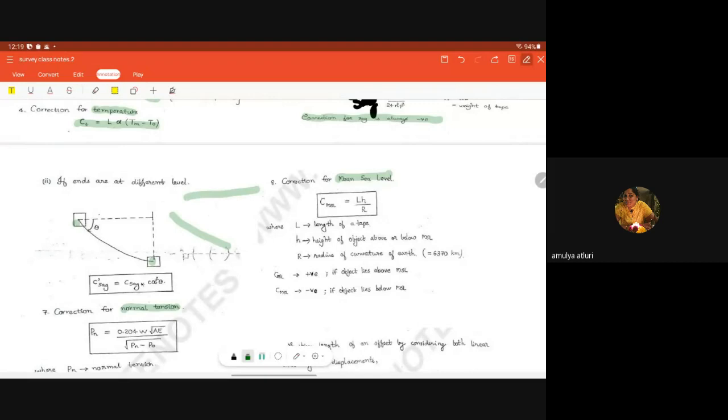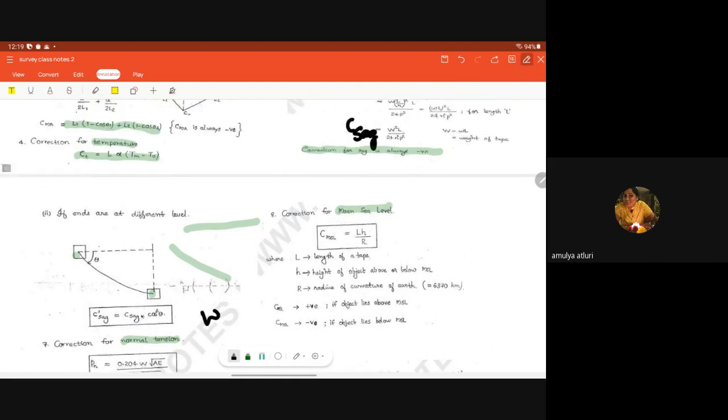Then C sag dash is equal to C sag into cos square theta. What is that C sag there? W square L by 24 n square P square into cos square theta.